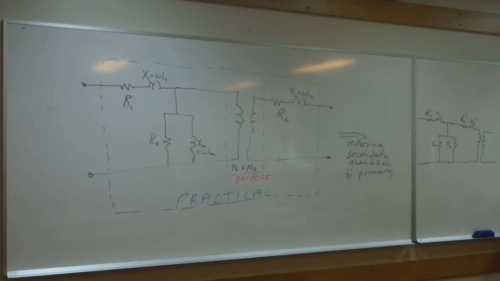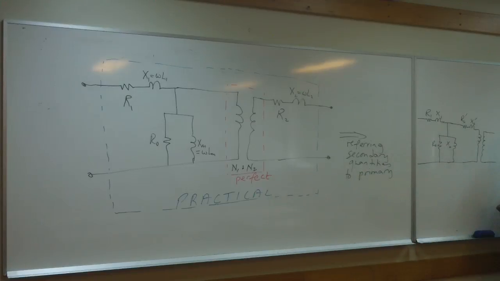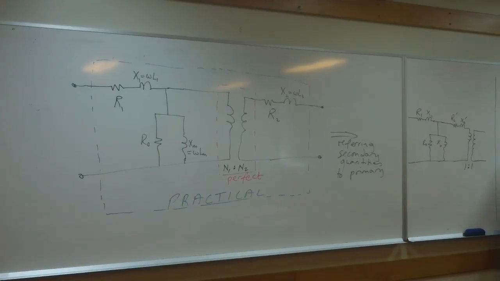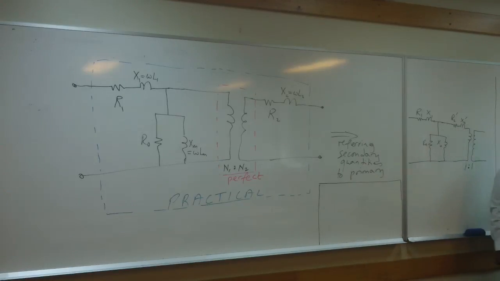We are basically converting this transformer to a one-to-one transformer. It becomes effectively a one-to-one transformer. I've jumped a couple of steps here, but that is okay. I will explain those steps in all the details that you will need.